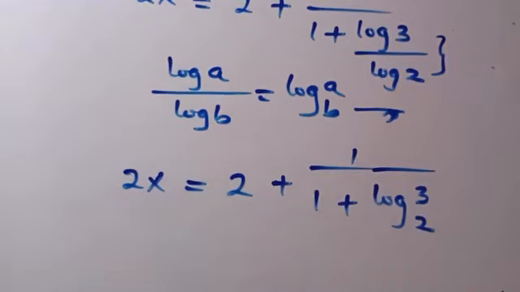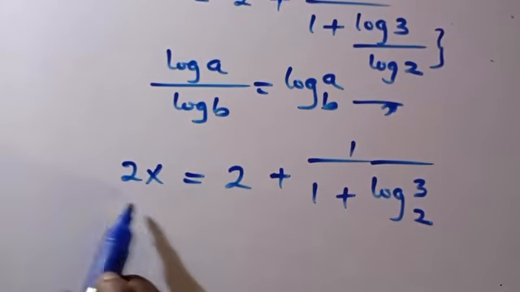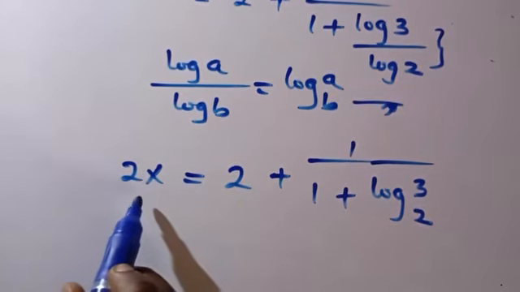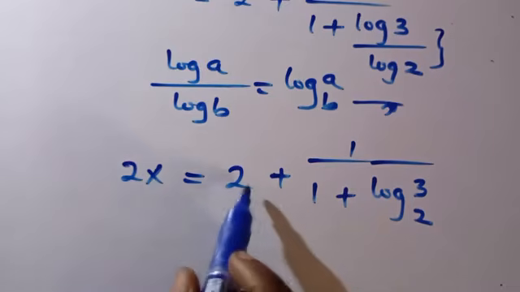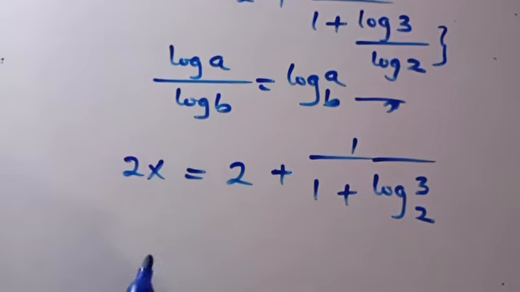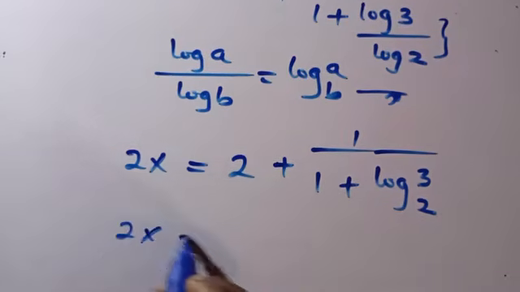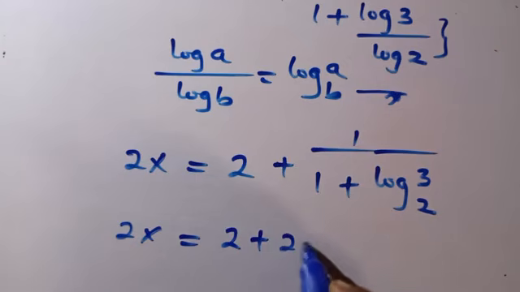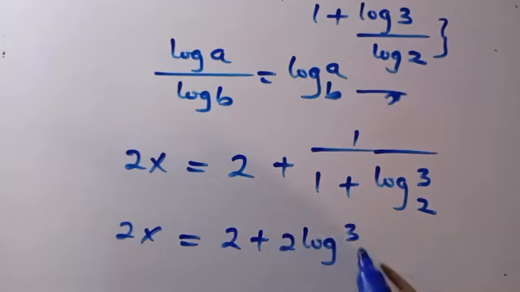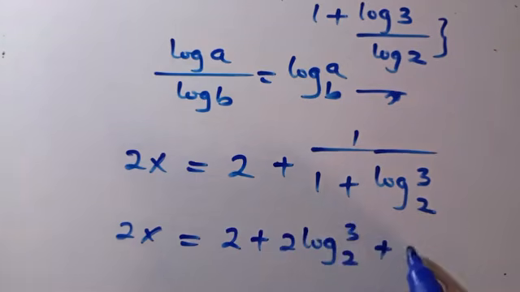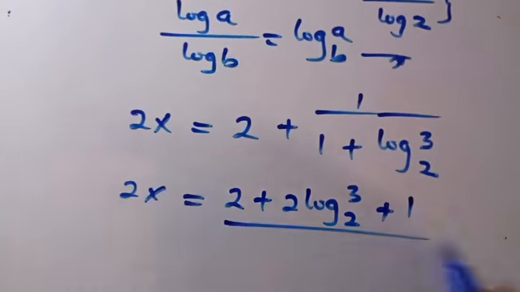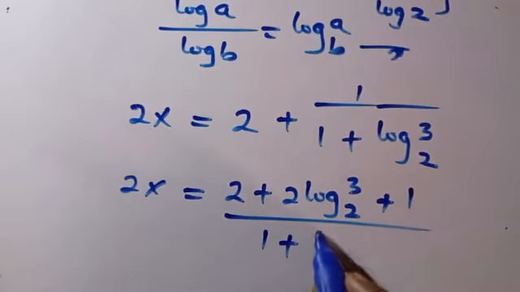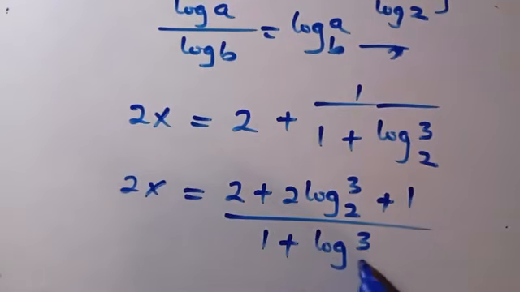And again we have to divide both sides by 2, or before that, let's find the LCM here. So we multiply 2 with the whole of this. That gives us 2x equals 2 plus 2 log 3 base 2, plus 1, divided by 1 plus log 3 base 2.